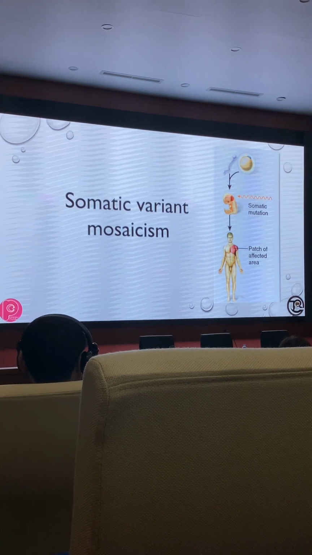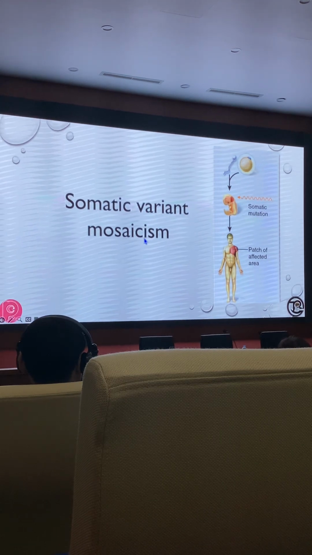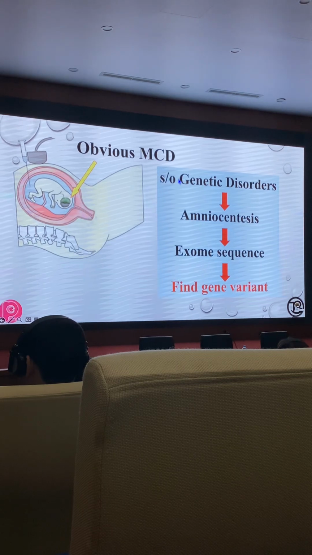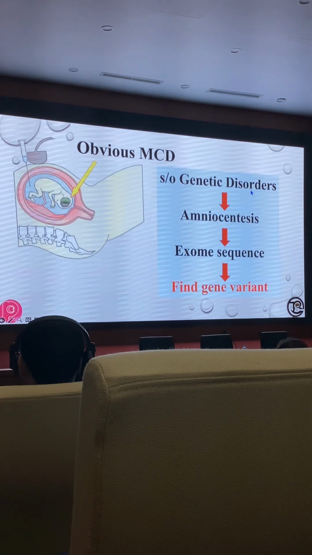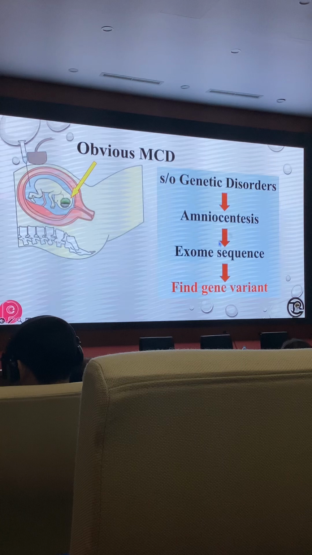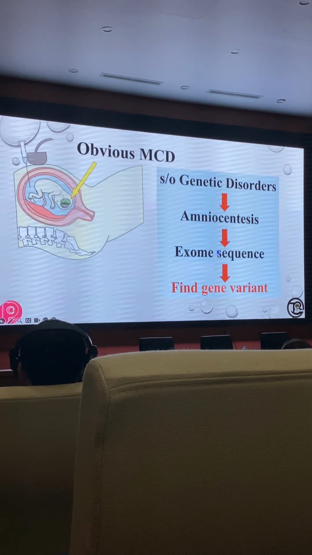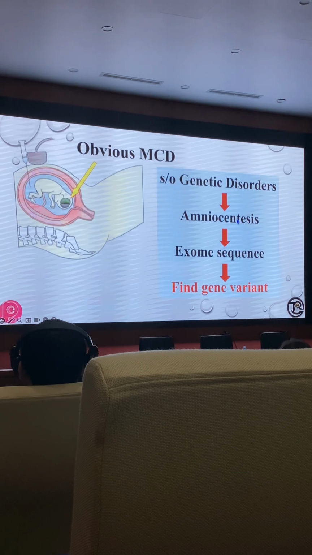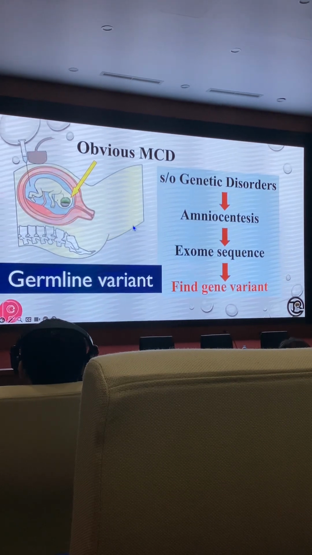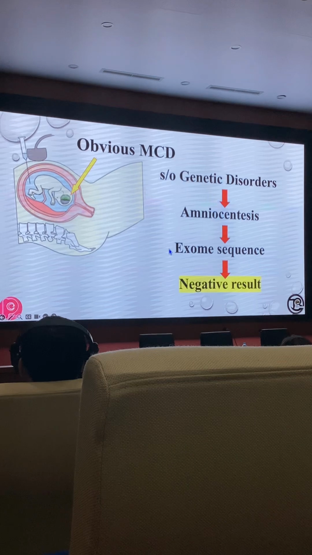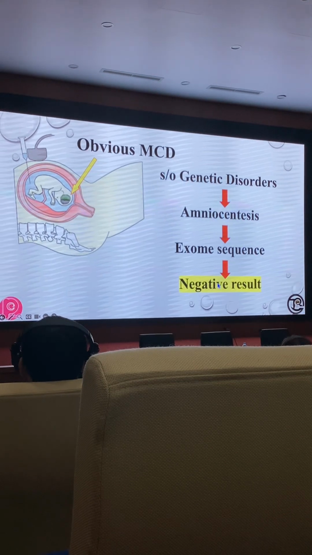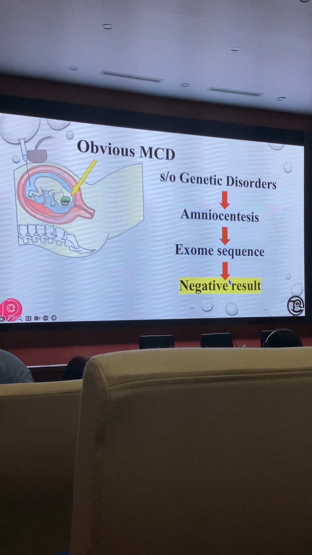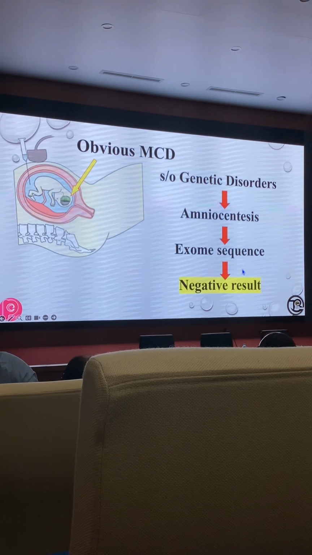But last but not least, the somatic variant mosaicism. Sometimes there is an obvious MCD suspicion and a genetic disorder, and you do the amniocentesis and exome sequencing and find a gene variant. In this case, you can say it is a germline variant. However, if you do the same thing but get a negative result, you give up thinking about a genetic variant.